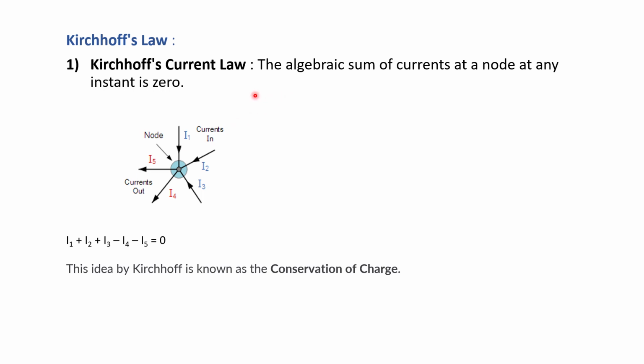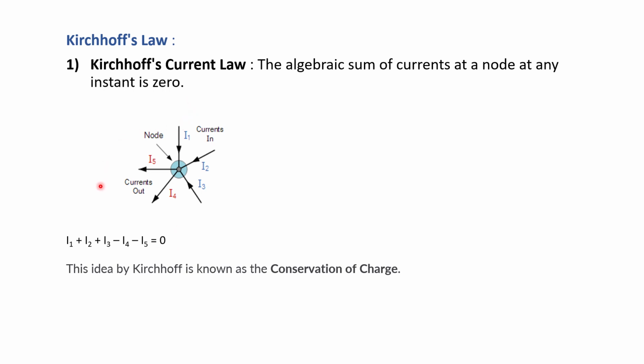So Kirchhoff's current law states that the algebraic sum of currents at any node at any instant is 0. So if you see this law, I1 plus I2 plus I3 minus I4 minus I5 is equal to 0.